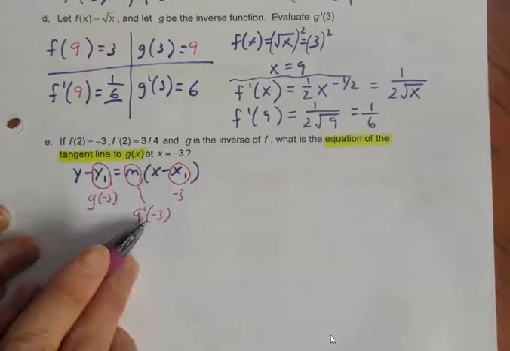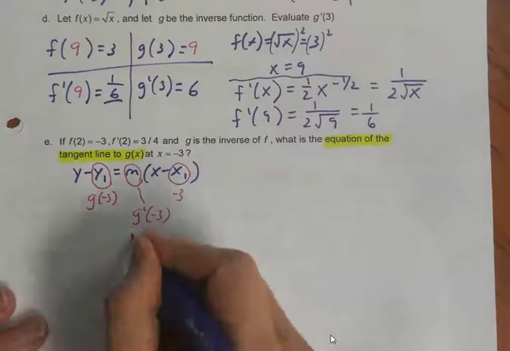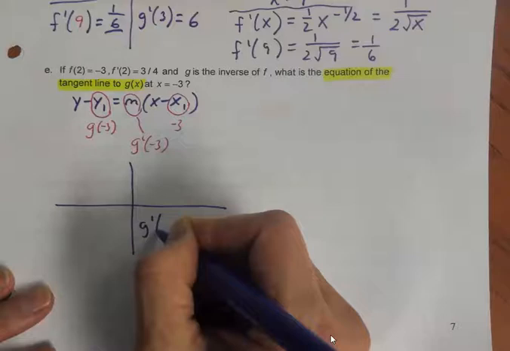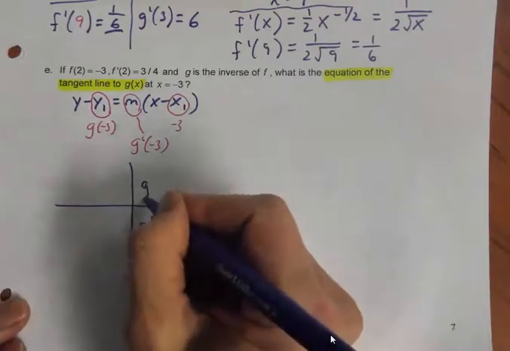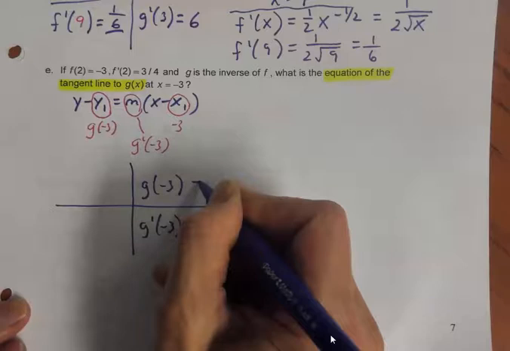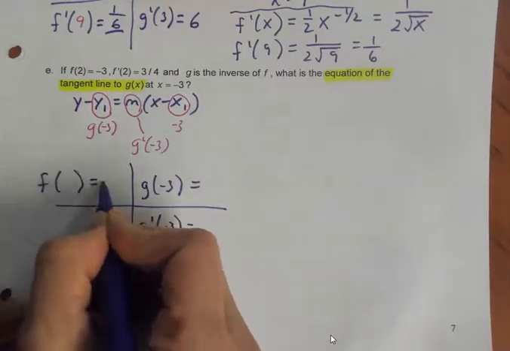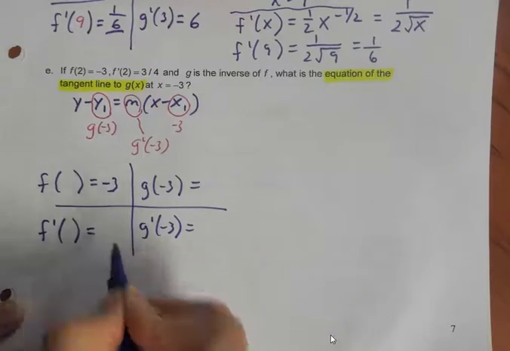So g prime of negative 3 is what I'm going to start off with in my chart. In my chart, I'll have g prime of negative 3 is what I want to find. Right above it, I'll have g of negative 3. Then f of something is equal to negative 3. And then f prime of something is equal to something.